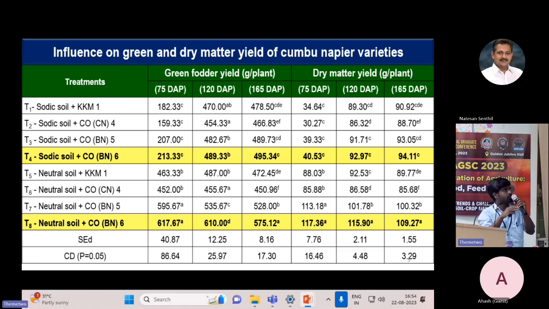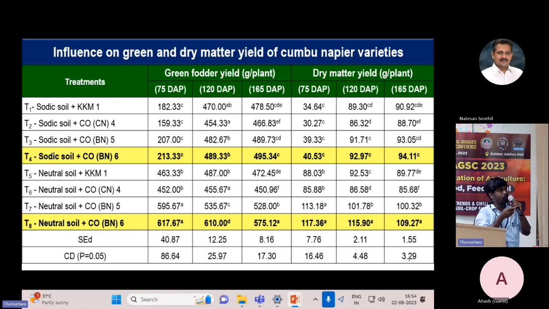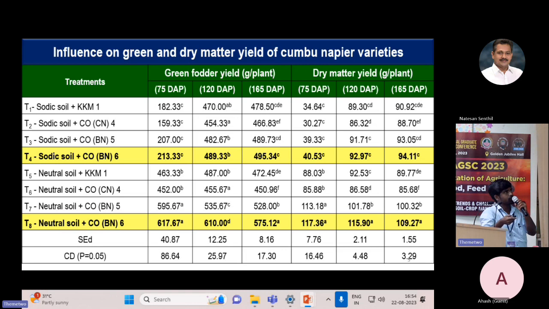So that's the main reason we had very low yield in sodic soil conditions. Among the four varieties, CO6 had a higher yield in both neutral and sodic soil conditions. Coming to the subsequent second and third harvests, the yield gap between neutral and sodic soil reduced because of the genetic nature of each variety to sustain under sodicity conditions. The same trend followed for dry matter in both neutral and sodic soil conditions.